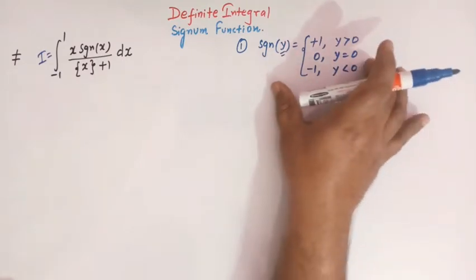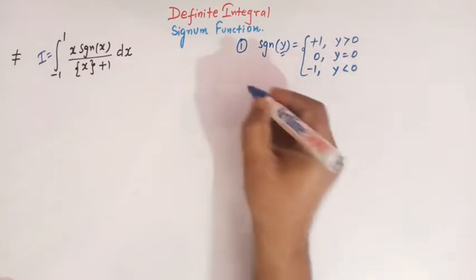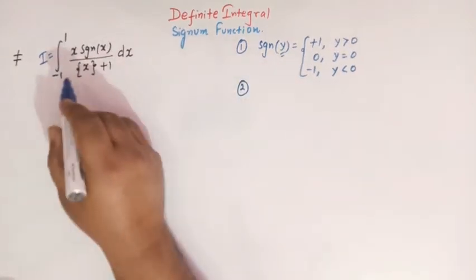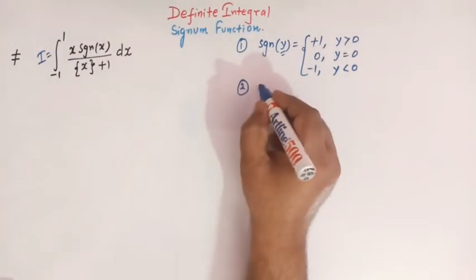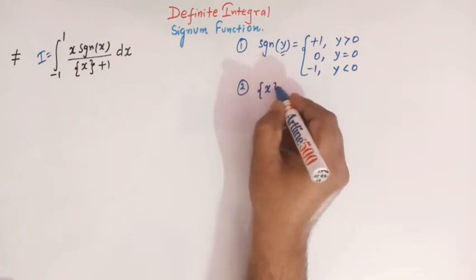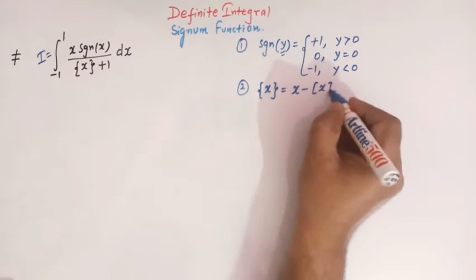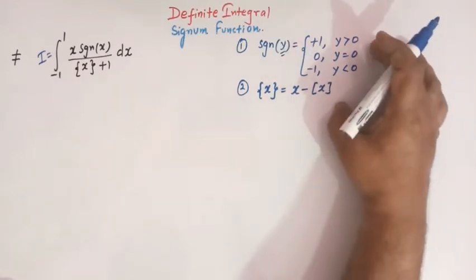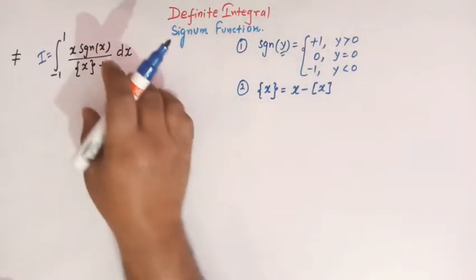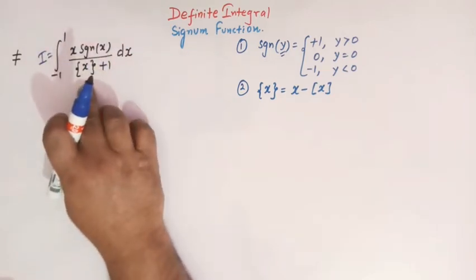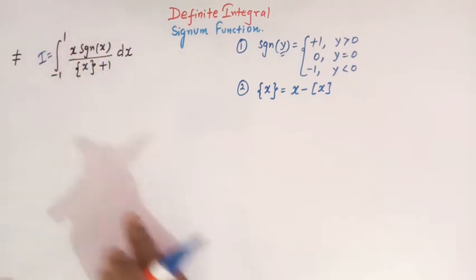So this is the definition of the signum function, and let us take the definition of the fractional part function. The fractional part of x is defined as x minus the greatest integer of x, right? These two definitions will be used here to find the value of this definite integral.